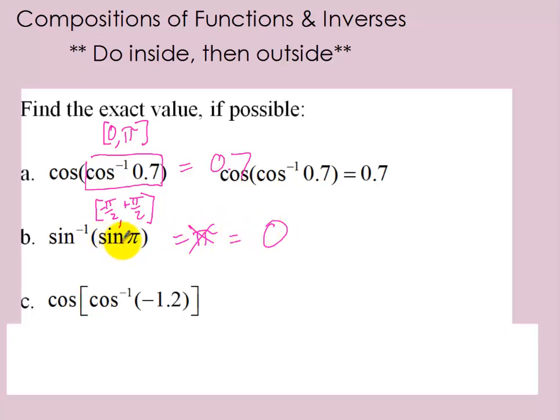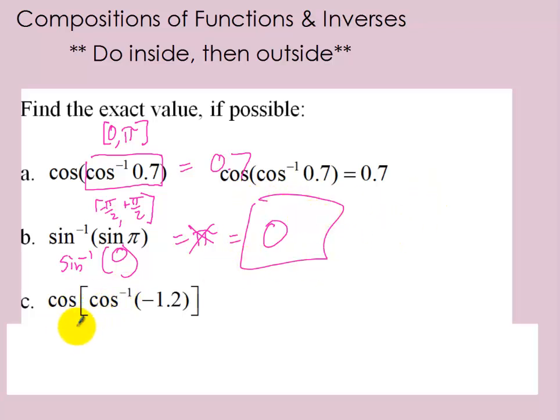Sine of π happens at 180 degrees, and what's sine at that point? Sine at that point is going to be 0, because that's the y value. So you think the inverse sine of 0 is π, but it's not going to be π because it's outside of our range. The other point where the sine is 0 is actually at 0.